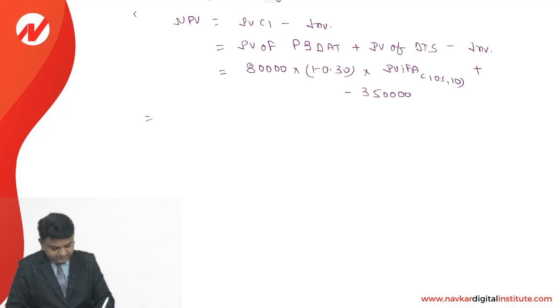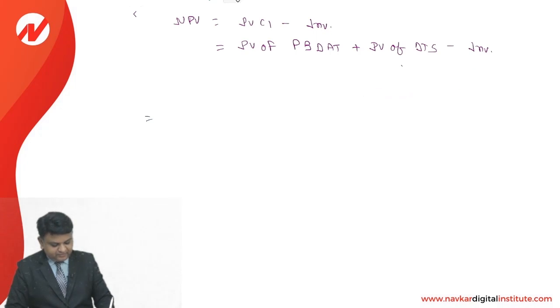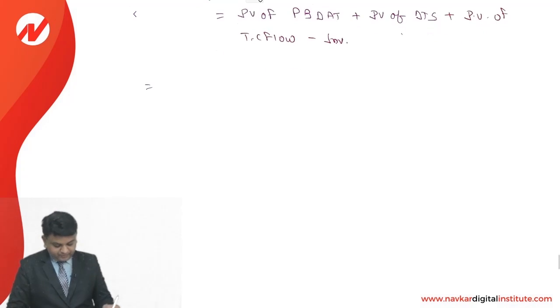So over here we will have a working like this: present value of the cash inflow minus investment, that is, present value of the profit before depreciation after taxation, plus present value of the depreciation tax saving, plus present value of terminal cash flow, minus investment.